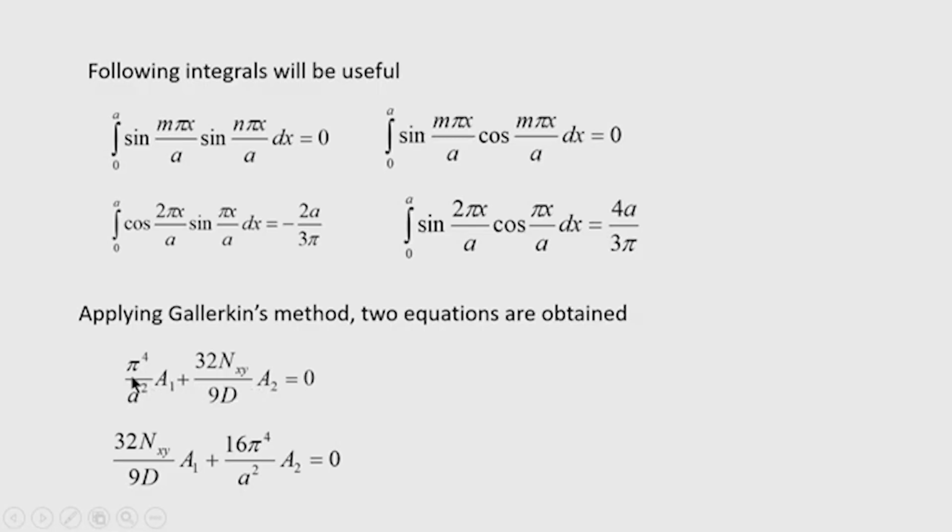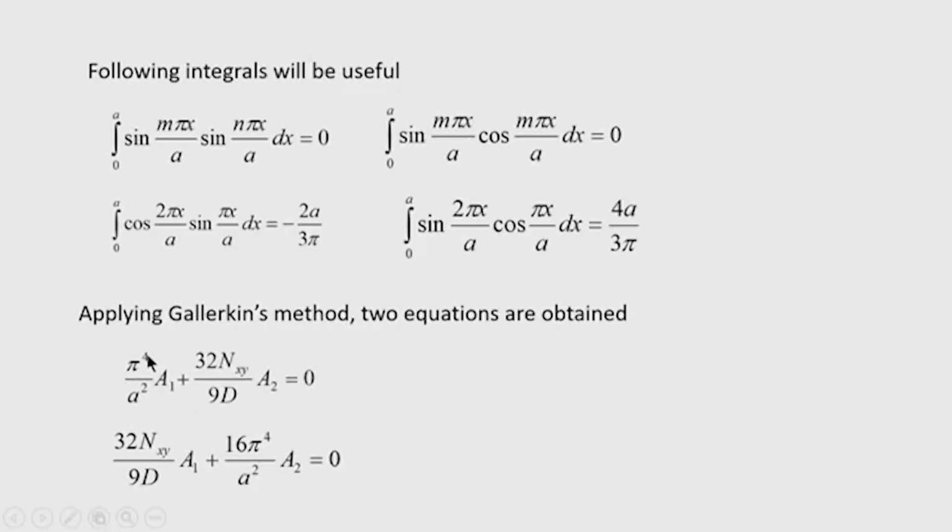One possibility is that a1 equals 0 and a2 equals 0, then the two equations are satisfied, but this condition will not give you the result that we require for the buckling load. So, this forms a trivial solution, with a1 and a2 being 0. So, this solution we discard.